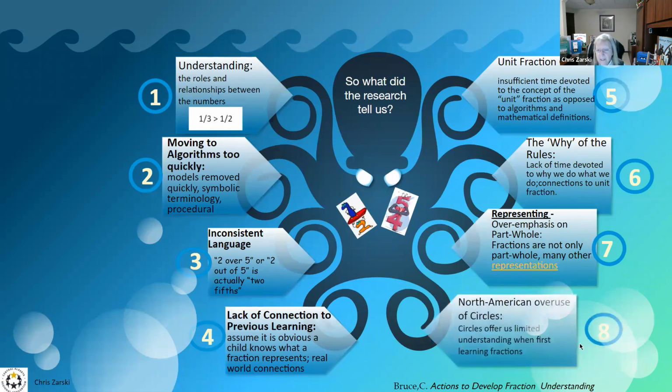The other thing is that North Americans, and open up any of your books, look at any of your worksheets, this is so true. We have a fetish with circles. We go to circles, cookies and pizzas in particular, way faster than any place else. In countries that outperform us, circle is the last thing that the student sees in a fraction.